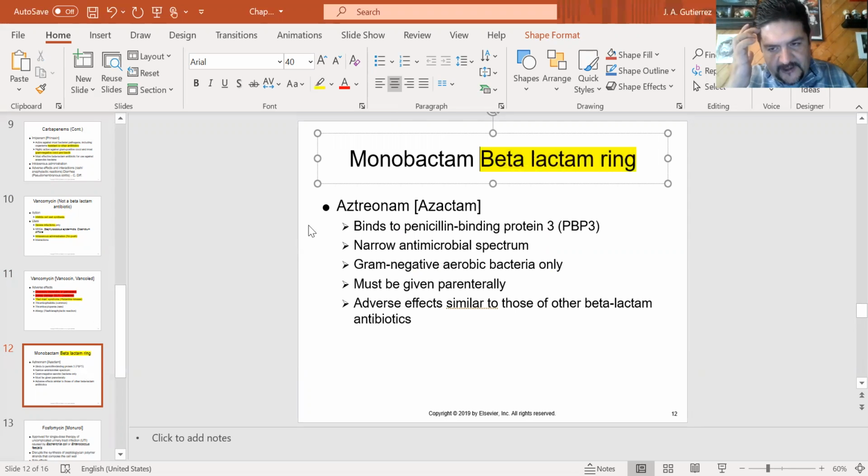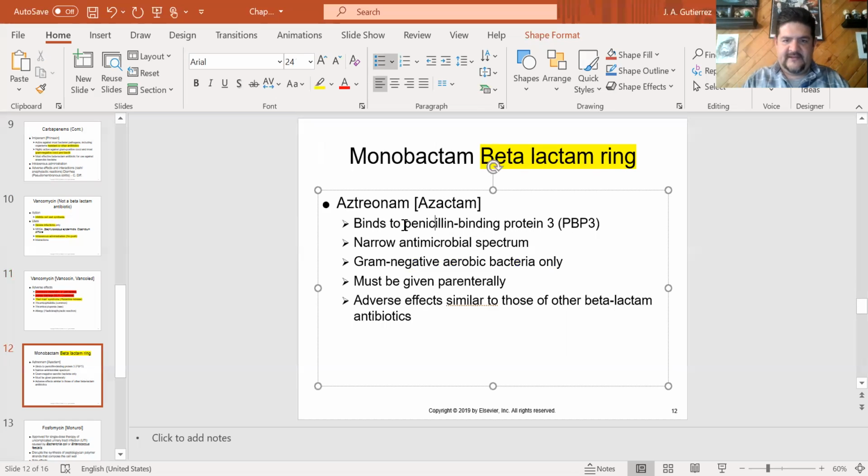The beta-lactam ring attaches to the penicillin binding protein, PBP, and they destroy the wall. So yes, like the previous antibiotics, they bind to the penicillin binding protein, and they're a little bit more specific. Number 3, they are used for gram-negative bacteria, and again, IV.